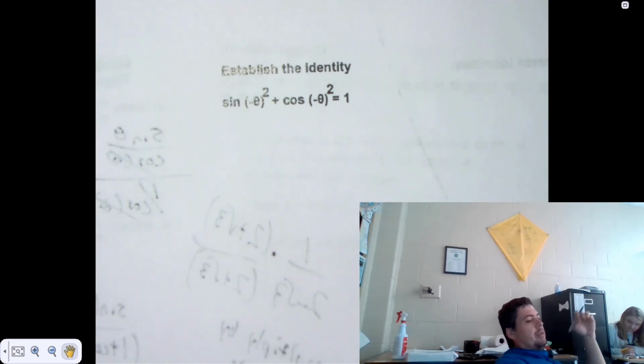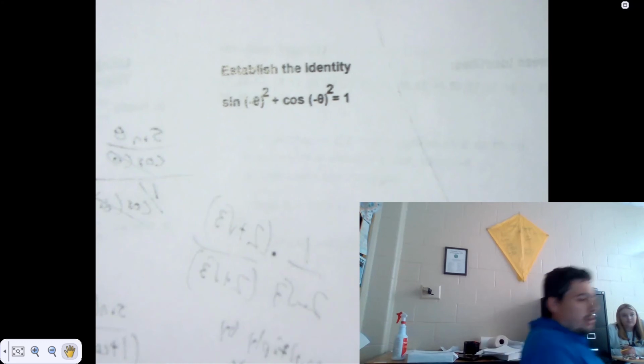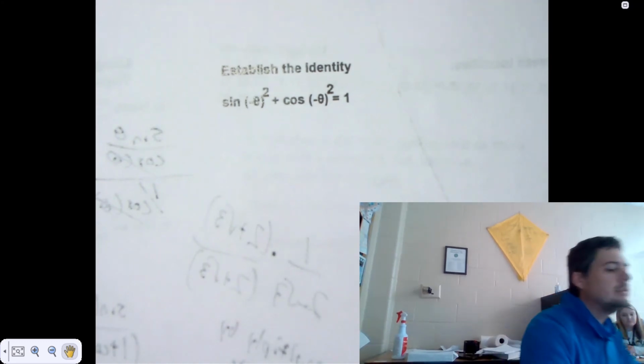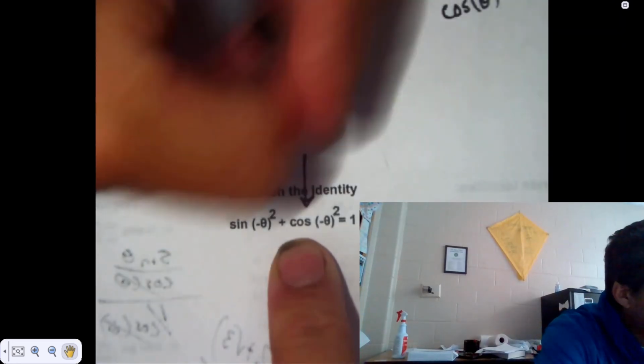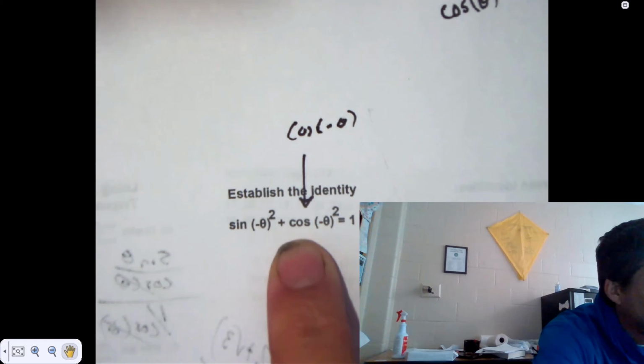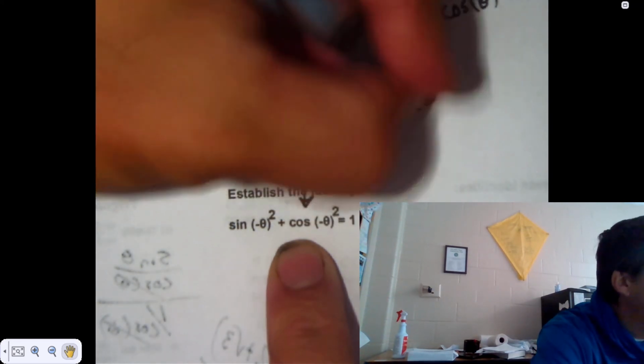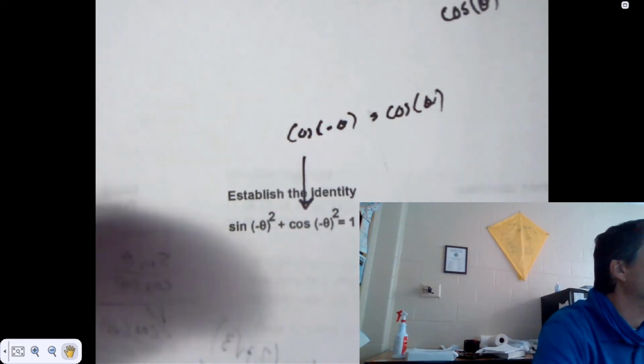So what we need to do is we need it to look like sine squared plus cosine squared, just a regular positive angle, because that's the identity that you have, okay? It's not hard to do. You just wrote this down on a piece of paper. Cosine of a negative theta is cosine of a positive theta. So that's done. That's just a straight up erase that negative symbol.